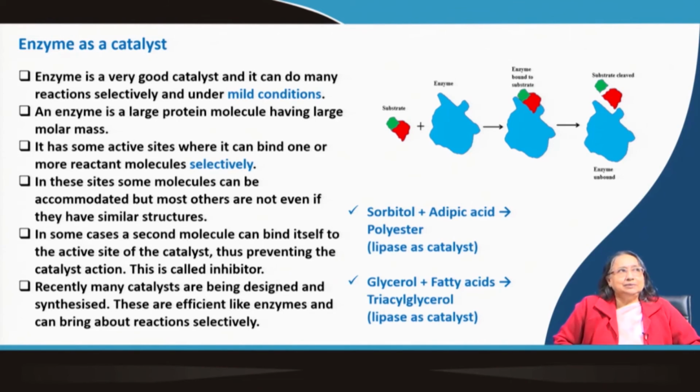Maybe the structure is very similar, but still they cannot be accommodated. There are many factors, size factor and functionality factor. So if they are not accommodated, then the catalytic effect will not be there for that other substance.